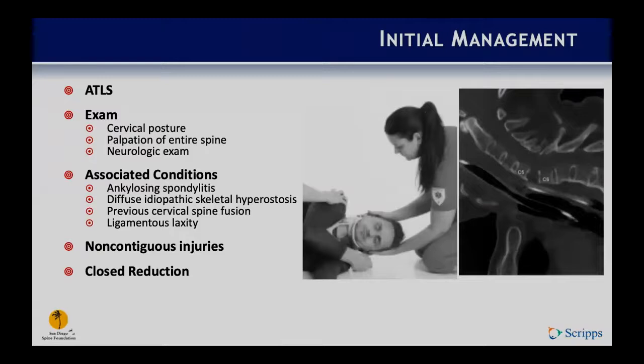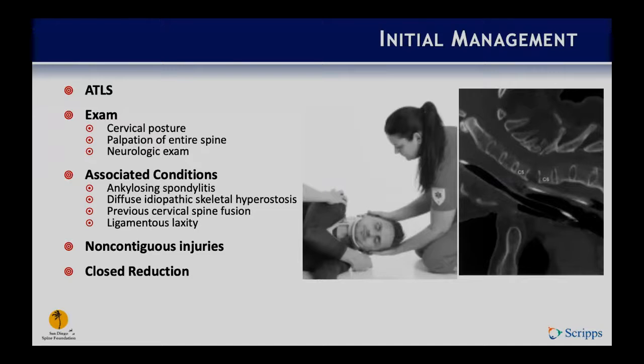So now that we have some idea of how to discuss these amongst ourselves and some guidance on treatment, we'll go through that. So initial management with all trauma starts with ATLS, important on the scene or in the initial trauma bay. As you can see in the imaging here, that ATLS protocol, not just for us, but for everyone, including first responders, includes stabilization and protection of the cervical spine.